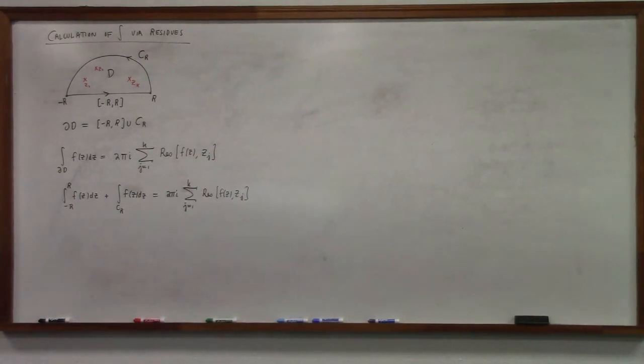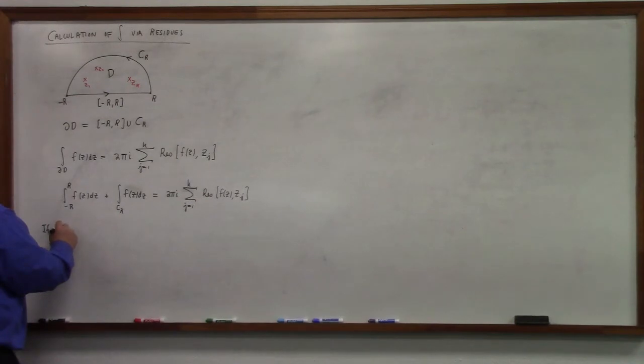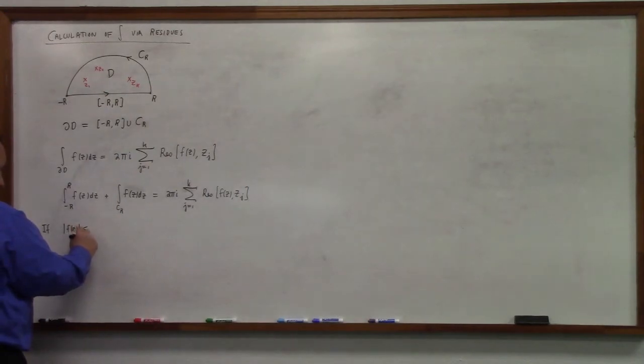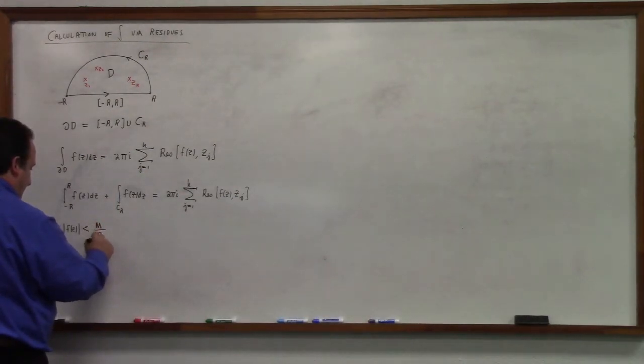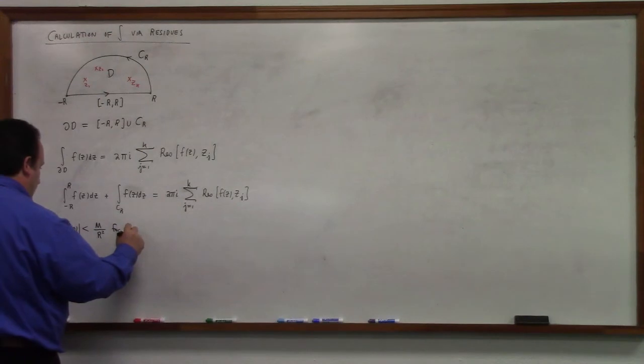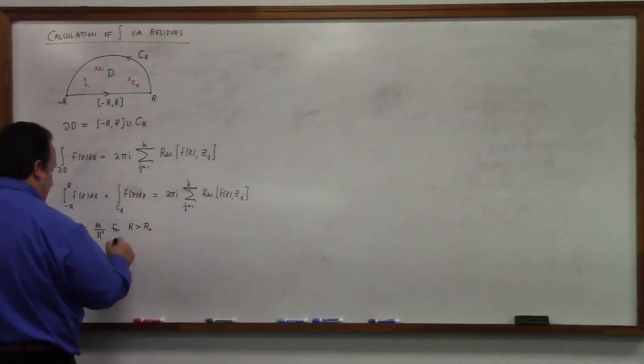So then the trick is this. If we're dealing with a function that, as R goes to infinity, the modulus of f(z) is less than, let's be greedy here, M over R squared, for R greater than some particular radius.